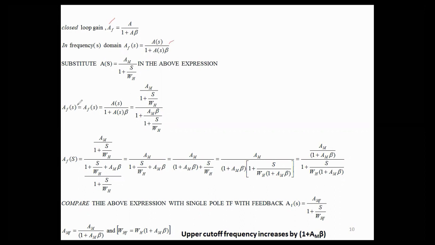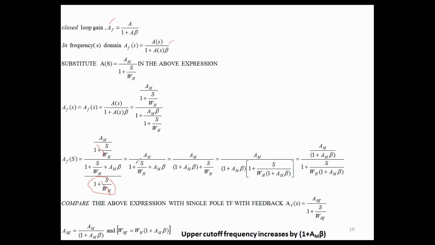So AF of S equals AM divided by 1 plus S over omega H, divided by 1 plus AM beta divided by 1 plus S over omega H. In the denominator, if we take the LCM, 1 plus S over omega H plus AM beta, the common factor 1 plus S over omega H gets cancelled.